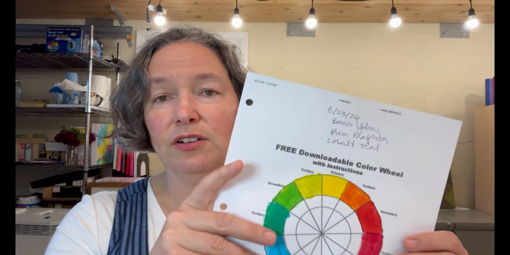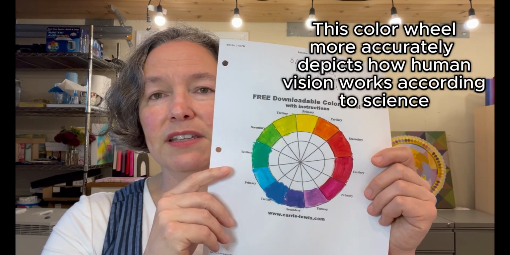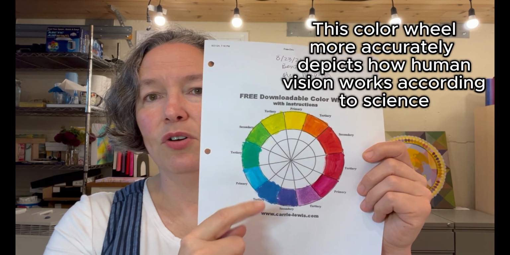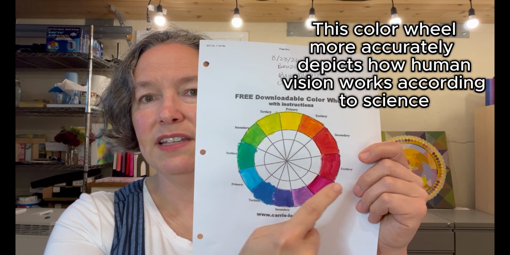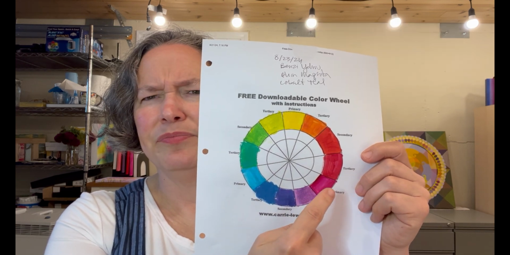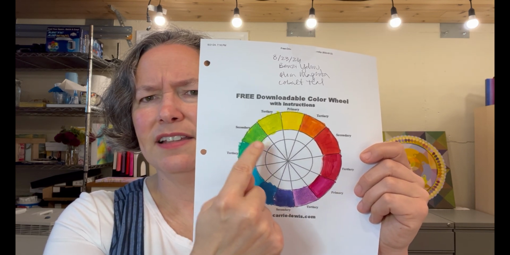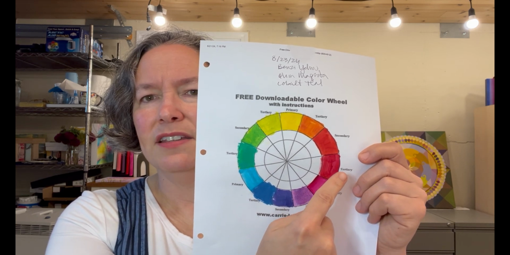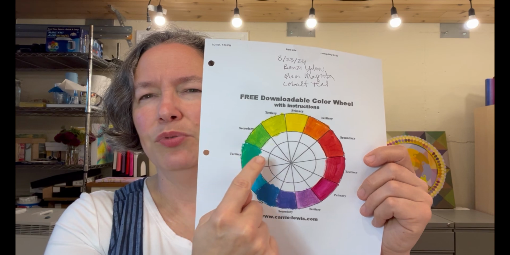Same thing goes when you have the more modern color wheel that is based on yellow, cyan, and magenta. You would go across the color wheel and you would see that green is actually going to be opposite magenta, and then red is going to be opposite a more blue-green.